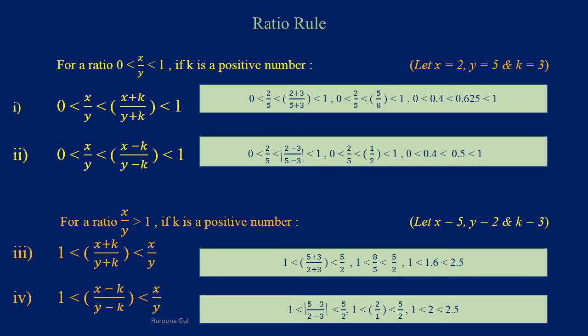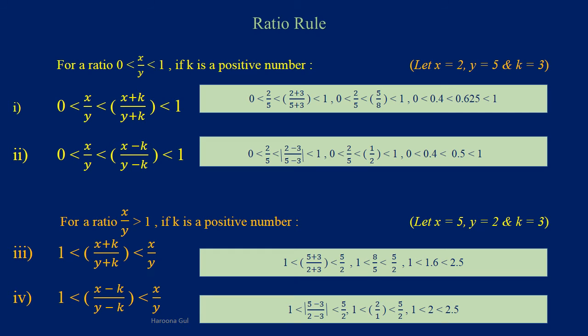And then the same rule also says that for a ratio x over y, if the ratio x over y is greater than 1, and if k is a positive number, then (x + k)/(y + k) would be between 1 and x over y, right?